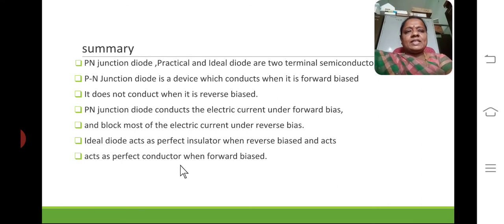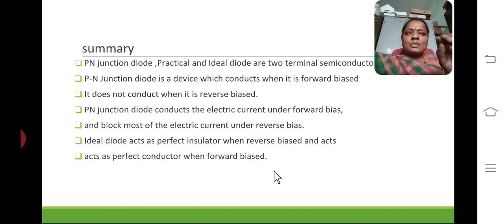In the same way, we studied that the ideal diode acts as a perfect insulator when it is reverse biased, and as a perfect conductor when it is forward biased. Similarly, we studied biasing, which is very important. There are two types of biasing: forward biasing and reverse biasing.